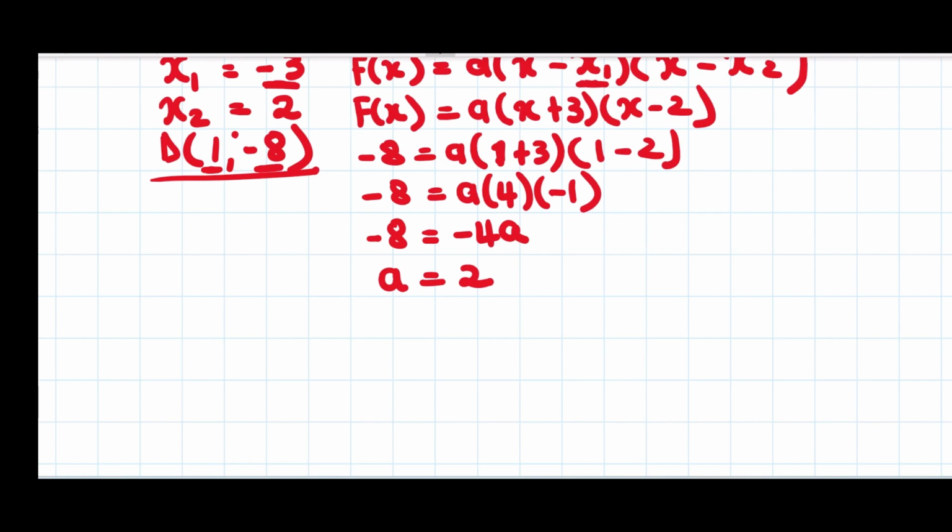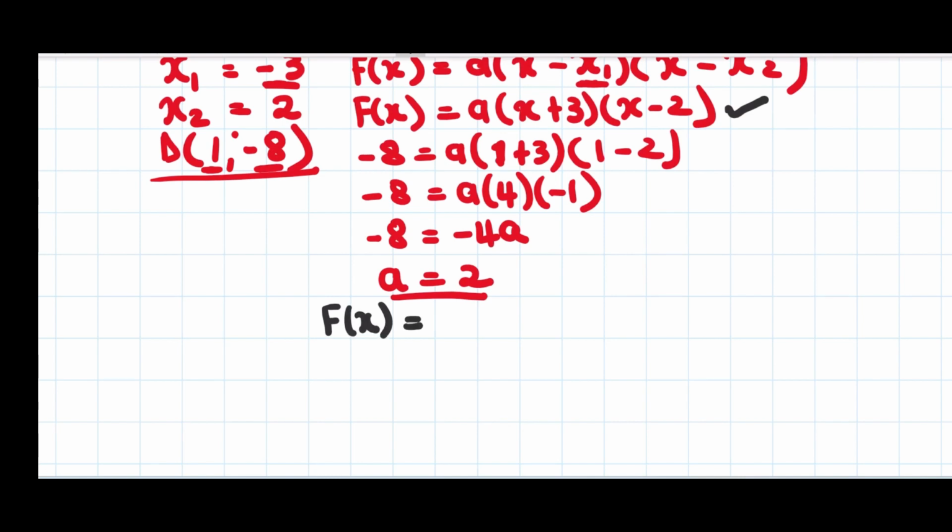Now the question is getting answered. We're supposed to find the values of a, b, and c. The x-intercepts and the random point have already given us the value of a. So to find b and c, we are going to take this a and substitute it here, and then work it out.